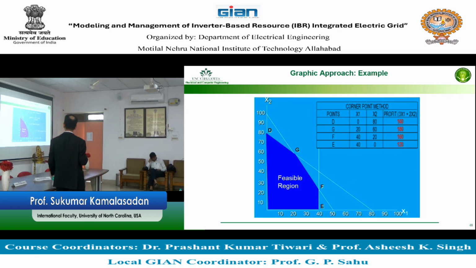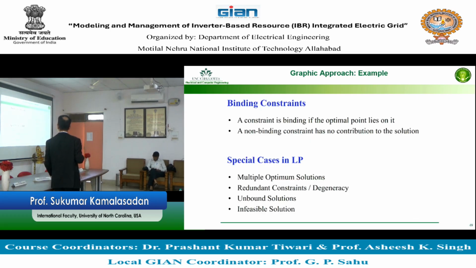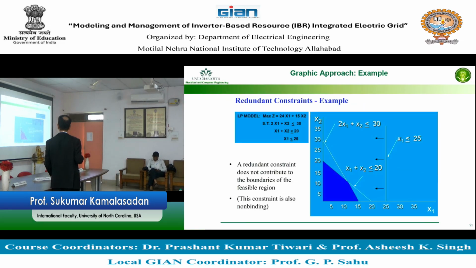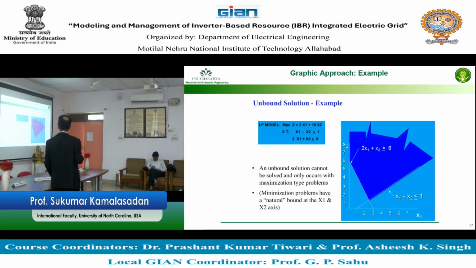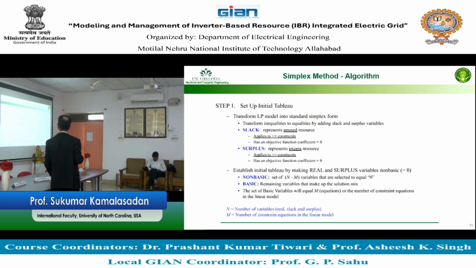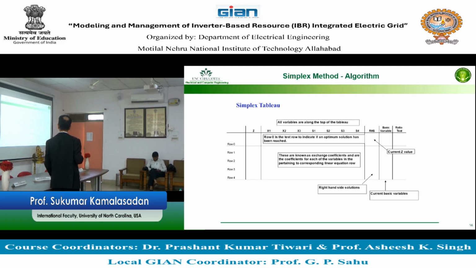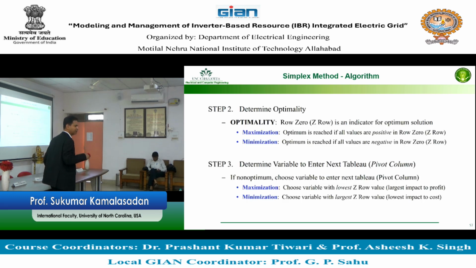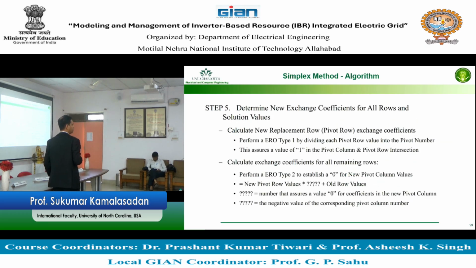Here is a graphic approach. Some examples here. Special cases, you can just skip that. And these are bounded solutions and unbounded solutions. In a simplex method, you will make a table and put the variables in. These are in the books, by the way, so you can take it from the books and understand how it's done. I'm not explaining that.